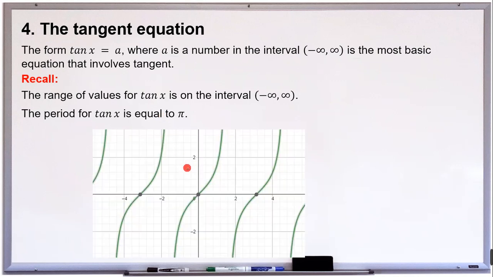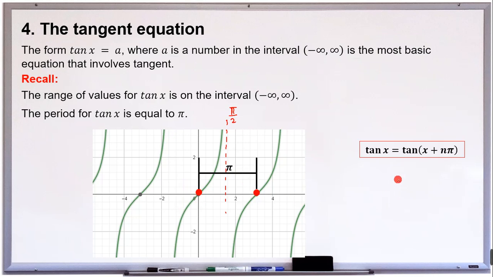So this is the graph of our tangent function. As you can see, this is asymptotic at an angle of pi over 2, or factors of 90 degrees, because tangent of 90 degrees will give us an infinity expression. Now this is the period of our tangent. As you can see, this value repeats after pi.